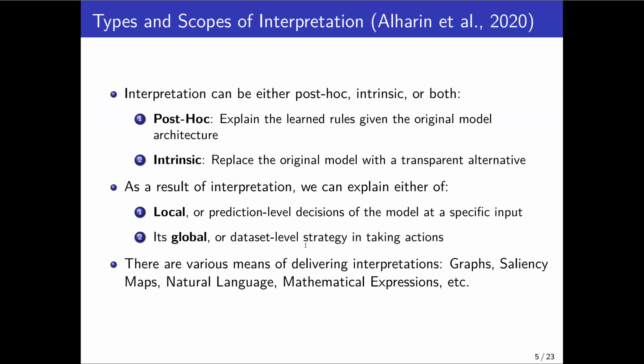The model of the interpretation can be classified as either post hoc, where we explain the decision rules after the original model learns them, or intrinsic, where we replace the original black box model with a transparent alternative such as a linear model or decision tree. The scope of interpretation is local on each individual prediction given a specific input, or global on the entire data set. We can deliver the interpretations by means of visualization, text, mathematical expressions, and even their combinations.